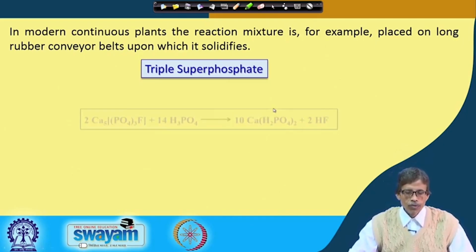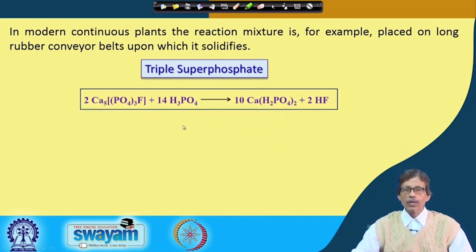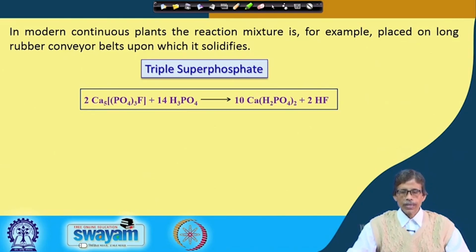So, the triple superphosphate also has some industrial demand, but now we use, instead of using the corresponding sulfuric acid, because the sulfuric acid was utilized to take care of some part of calcium as calcium sulfate, because we know that the calcium sulfate is your component for the gypsum.